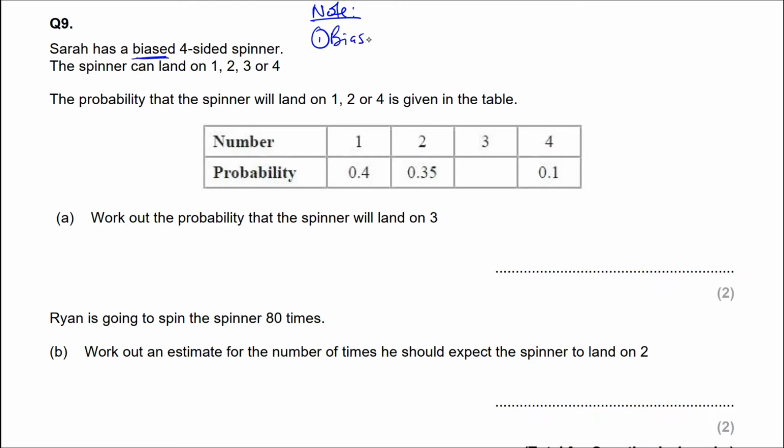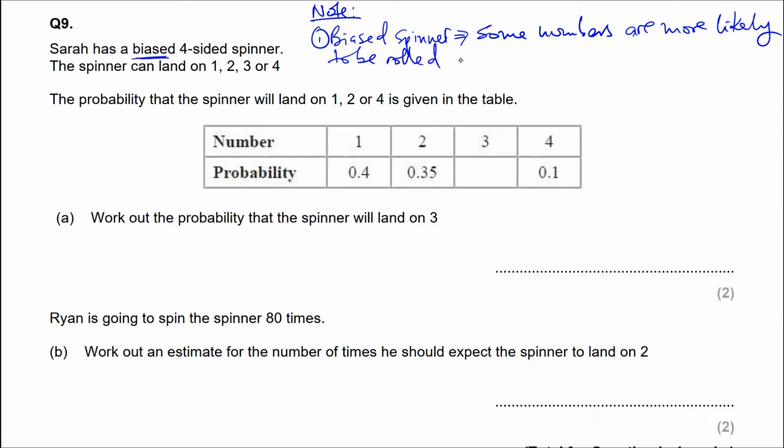So a biased spinner implies that some numbers are more likely to be rolled than others.